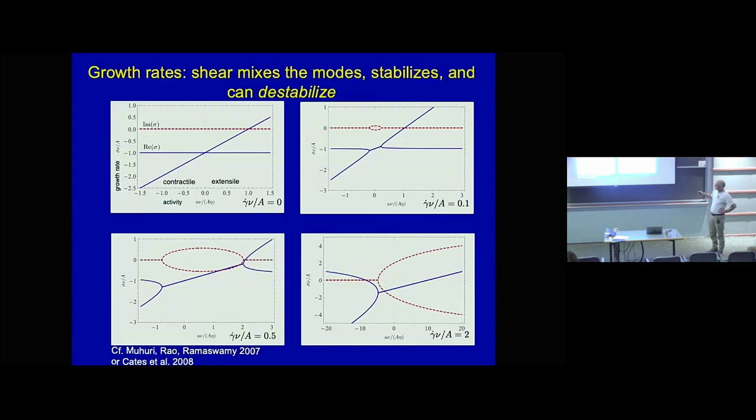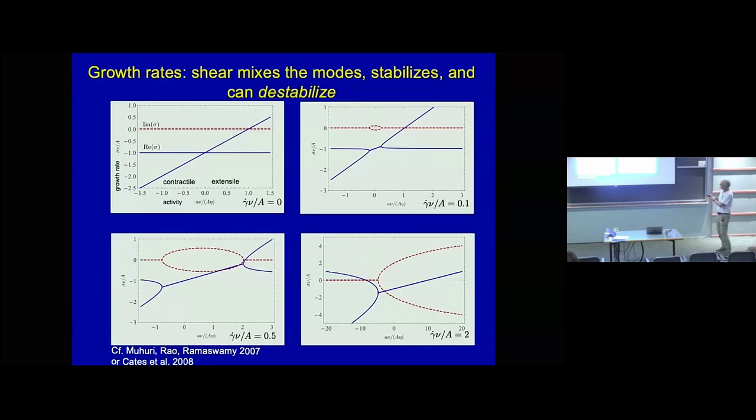This is the classic picture. There's actually two modes. One in which the liquid crystalline degrees of freedom simply relax exponentially with the liquid crystal relaxation time, if you have some perturbation where you have some local order. That's this mode. And then there's the growth. And if the activity is high enough, so 1 in these units, you get some growth.